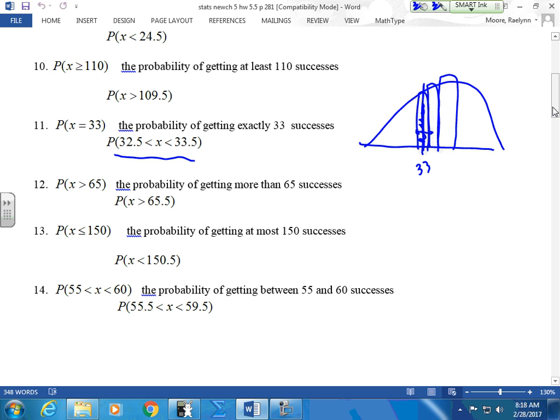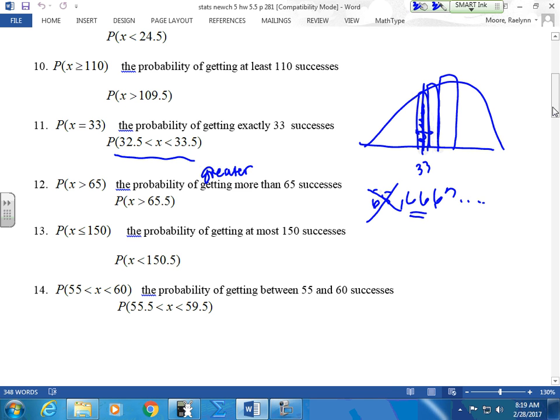Greater than, you could say getting more than, you could say greater than, whichever way you like to say it. I probably like the greater than. Greater than means, can I start at 65? If it's greater than 65, can I use 65? No. I have to be greater than. This is the first one I'm going to use.